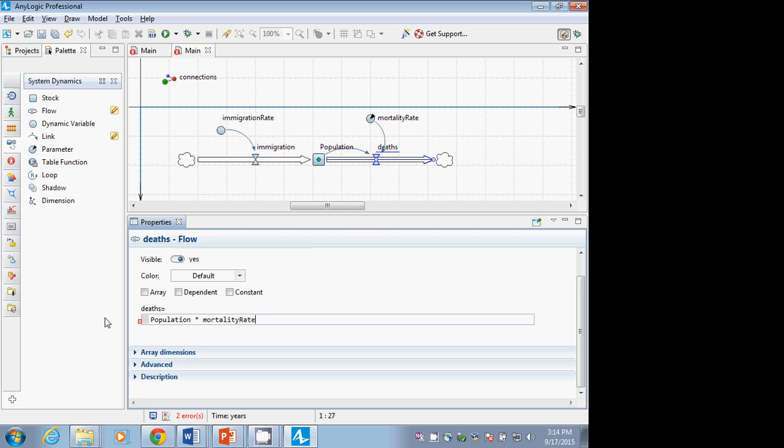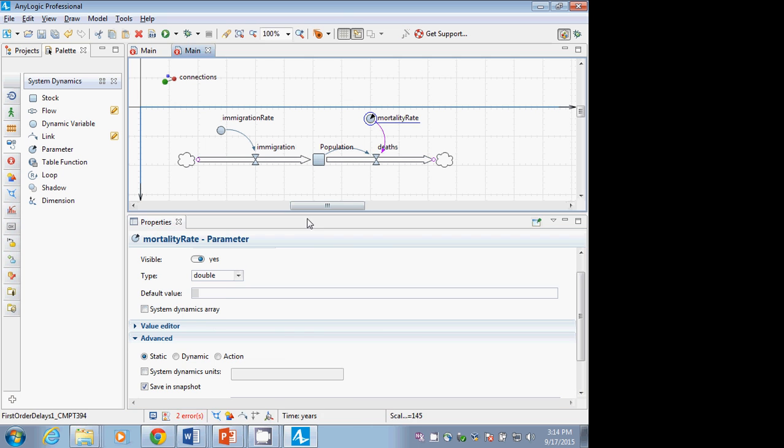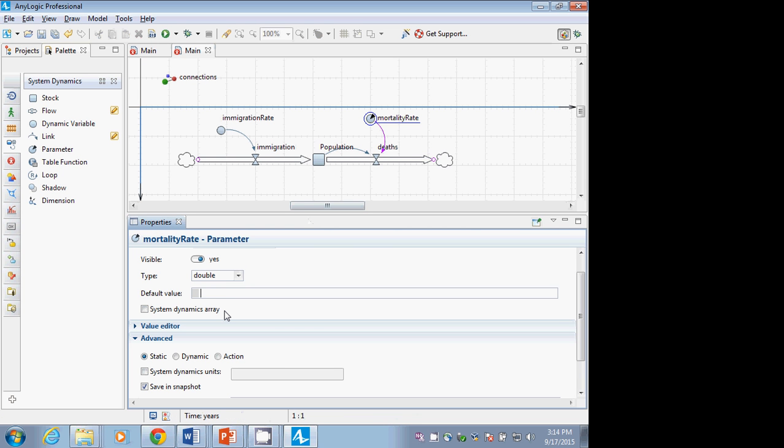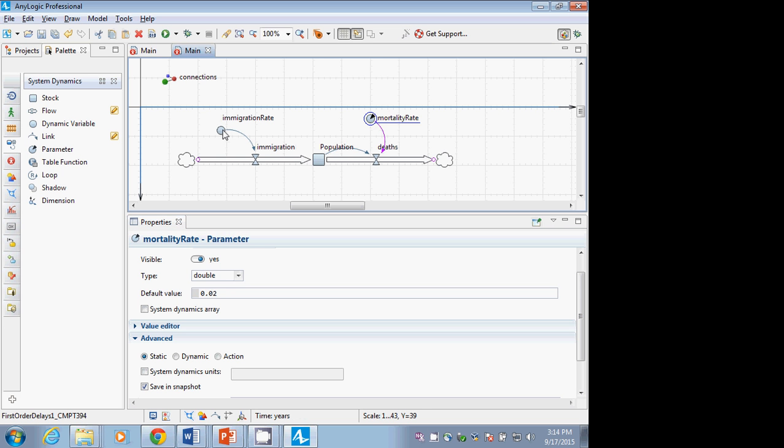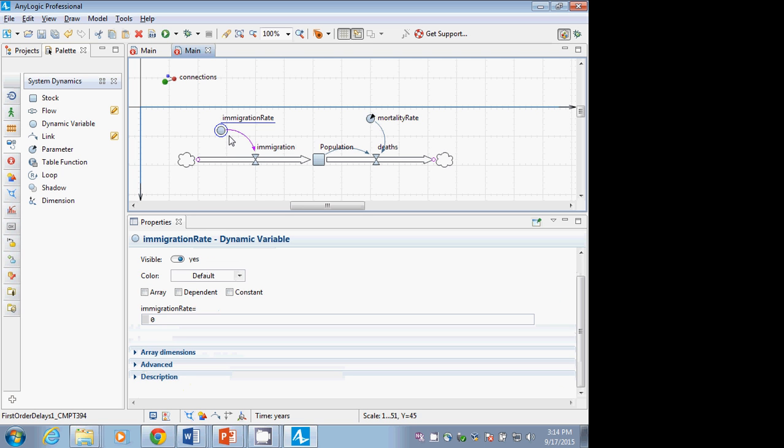And I'd like to set, ladies and gentlemen, the mortality rate here to be, let's set it to a value of 0.02, okay?